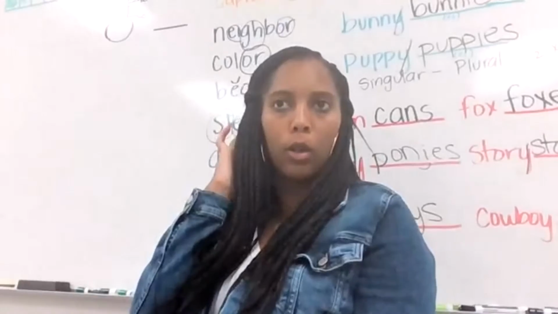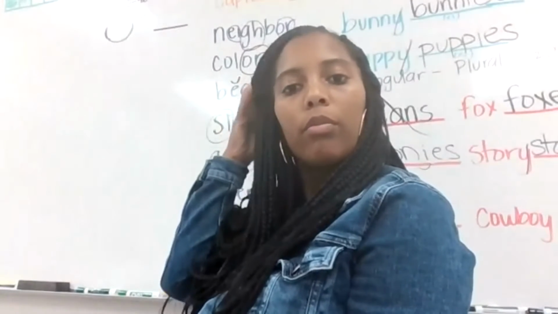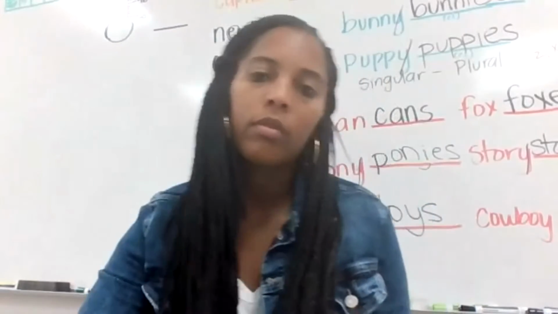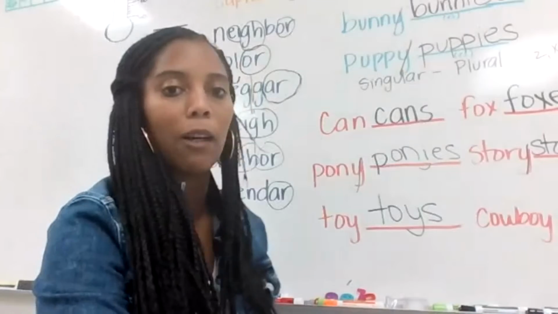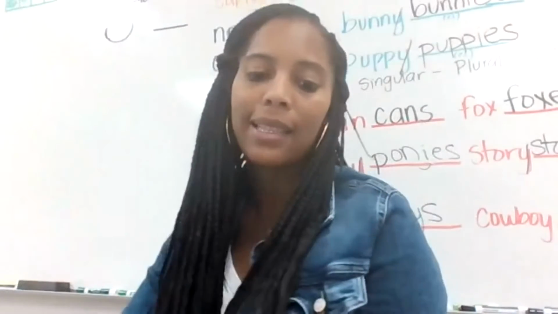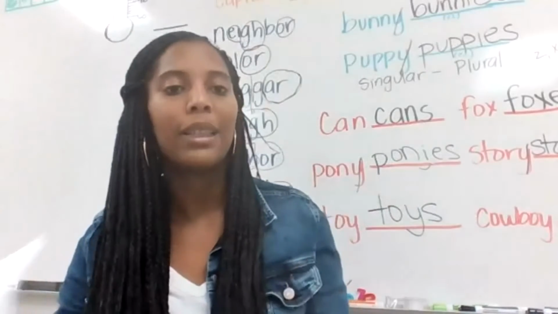Okay, fox. How do I make it plural? What should it look like if I wrote fox down plurally? Hannah? It would be foxes. Yes, foxes. Good. I hope everyone wrote that. You were supposed to write down fox plural. Foxes. Next one. Now I'm going to say it's singular, you write it plural.